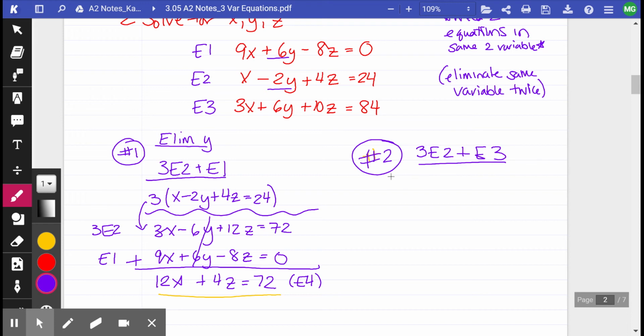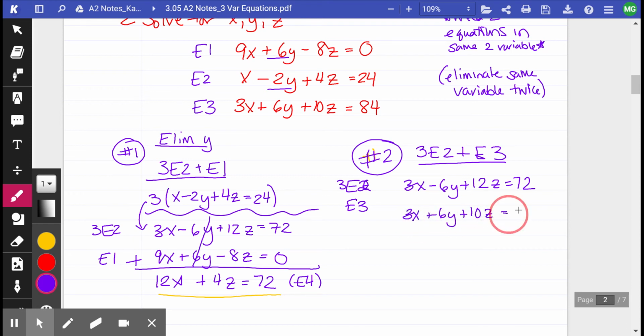So I already did 3 times equation 2, and I got 3x minus 6y plus 12z equals 72. So now I'm going to write, so that's 3 times equation 2, and then I'm going to take equation 3, which is 3x plus 6y plus 10z equals 84.